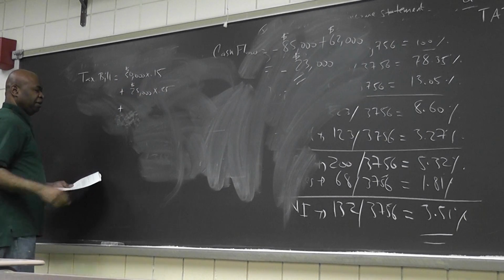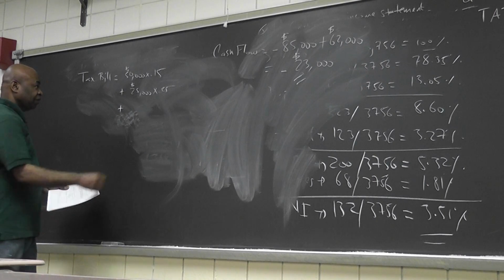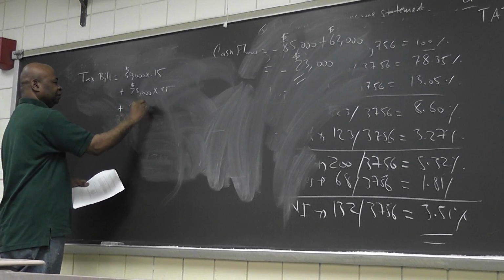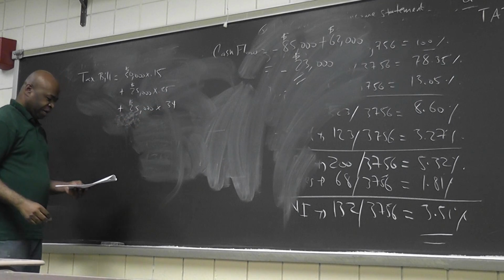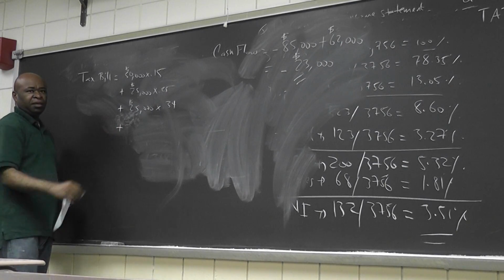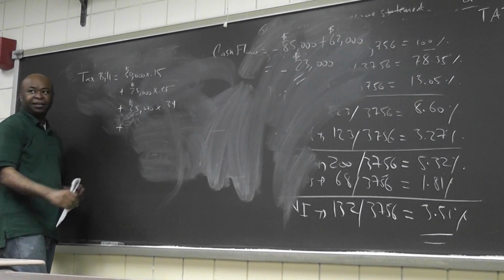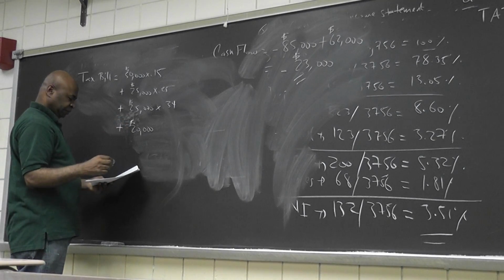And then the next 25,000 again will be taxed at 34%. Now taxable income is 120,000, so there's only an additional 20,000 left, and that will be taxed at 39%.